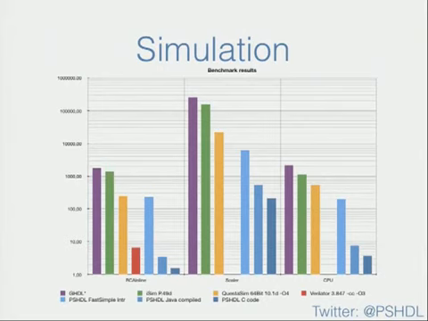So, for example, for the ripple carry adder, it takes about 1.5 milliseconds, while iSim takes about 1.5 seconds. So that's 3 orders of magnitude difference that you get.